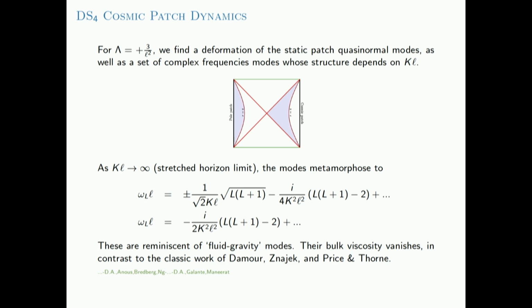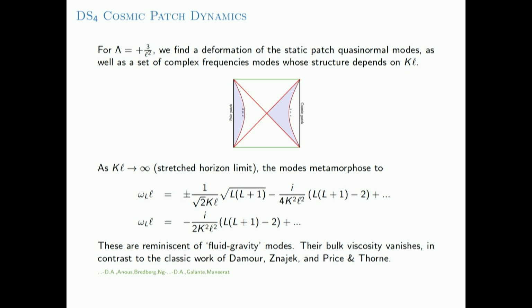And there's a very natural limit you could imagine taking, where you take the surface of the tube to be almost located at the de Sitter horizon, something like a stretch horizon limit. And in fact, in that limit, these growing modes become rather tame, and their behavior metamorphoses into a collection of modes that is somewhat reminiscent of shear and sound modes of a fluid dynamical system.